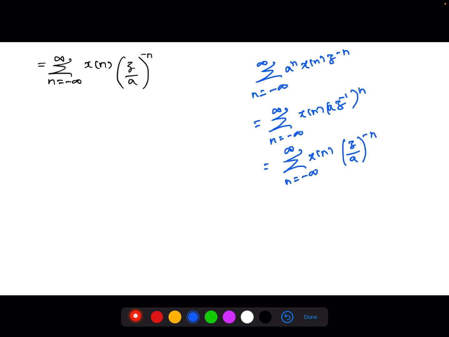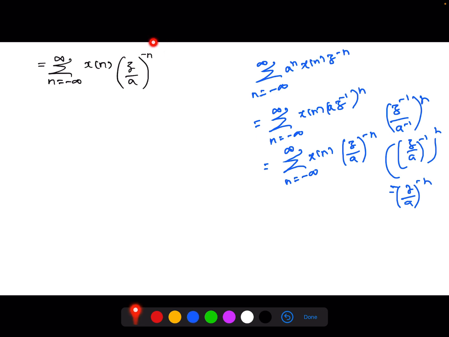Why? Because when you pull a down, it will be like z inverse by a inverse power n. So that will give you z by a whole inverse power n, and that will give you z by a power minus n. So that is how we got this result.